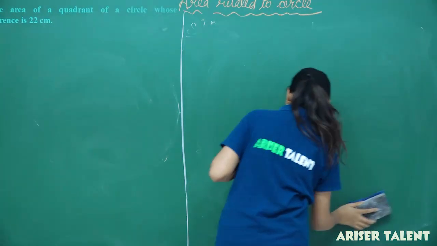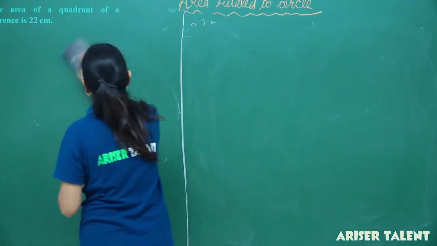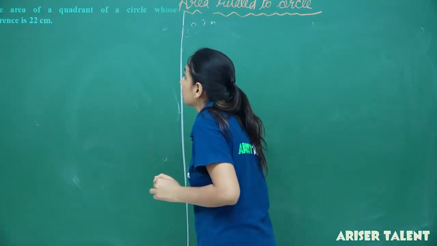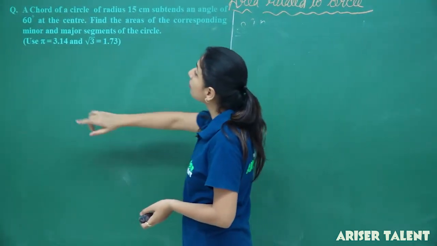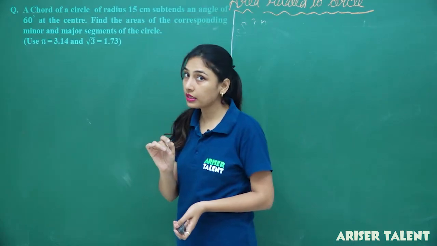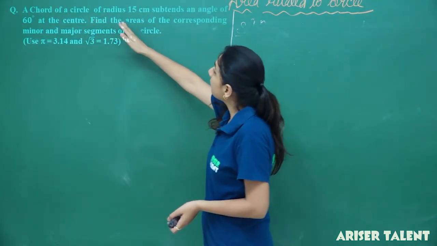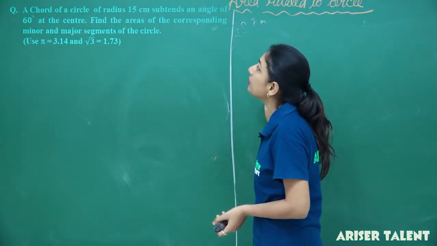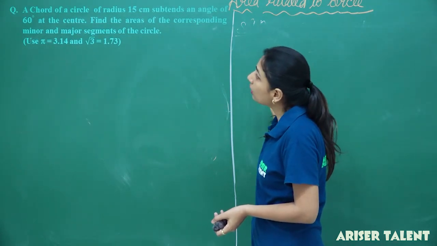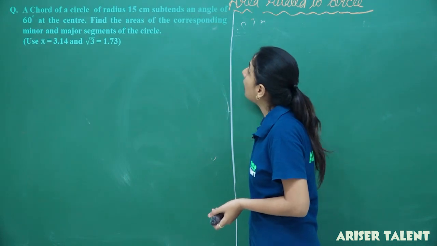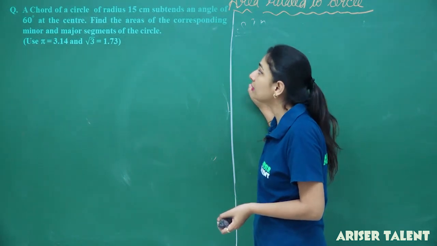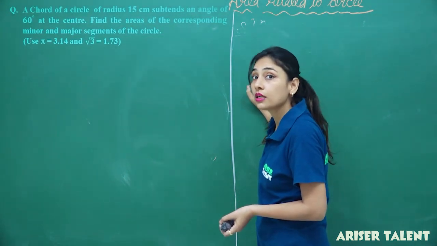Okay, students. So the next question is: you are provided with a chord of a circle of radius 15 centimeter, which subtended an angle of 60 degree at the center. Find the areas of the corresponding minor and major segments of the circle.